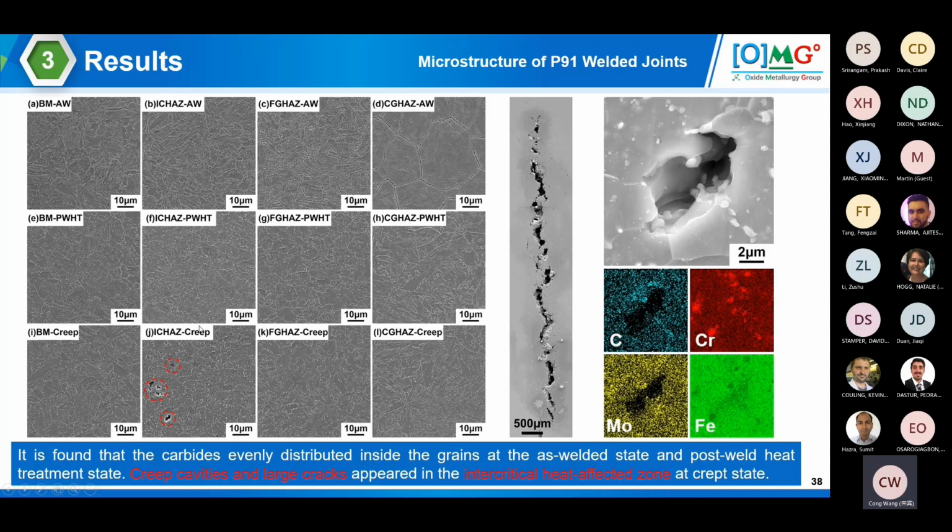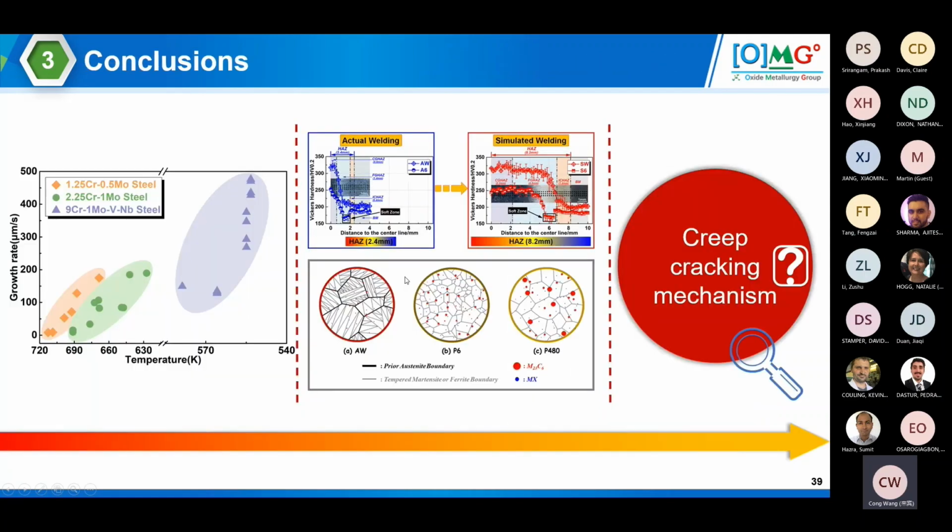So we believe that these cracks are essentially driven by the carbide formation along this intercritical HAZ region, and these cavities and the large cracks have been formed in the ICHAZ.